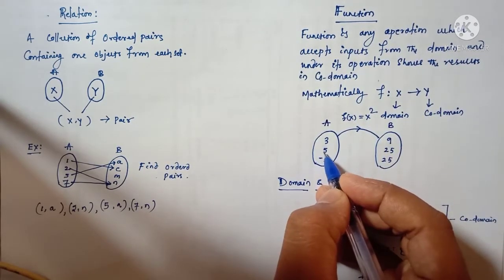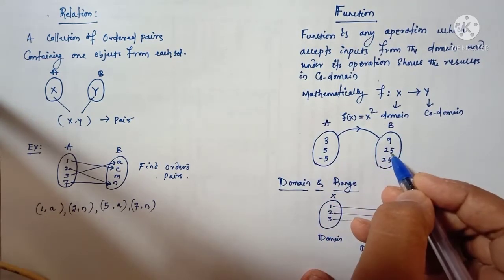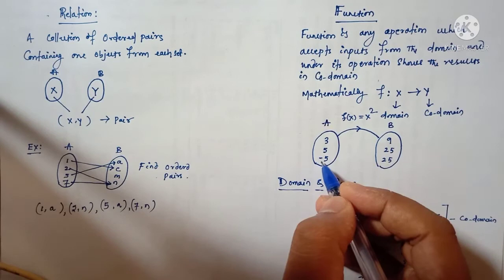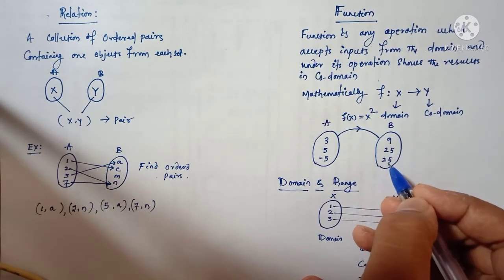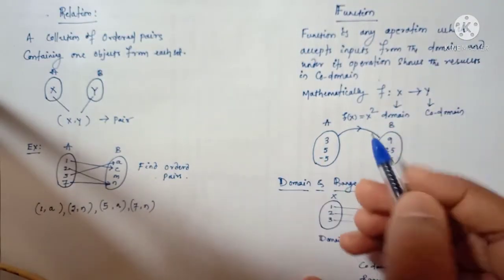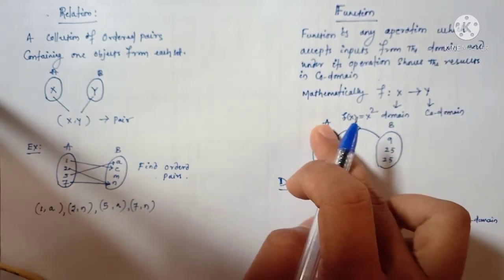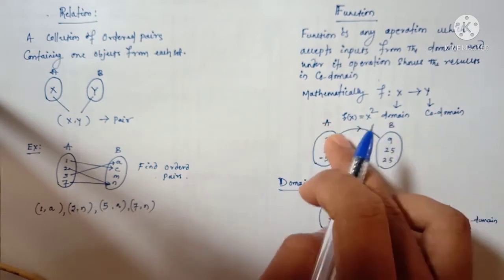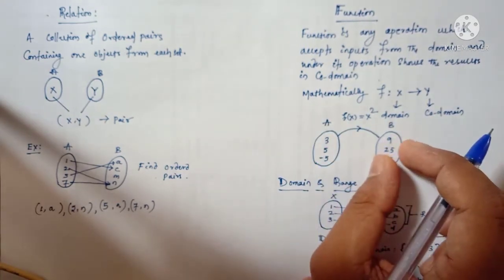Here is another, 5: under the operation, 5 squared, we have 25. Here is minus 5, and under the same operation we will get 25 as well. So this is the function. It accepts input from the domain part and gives its output in the codomain part.